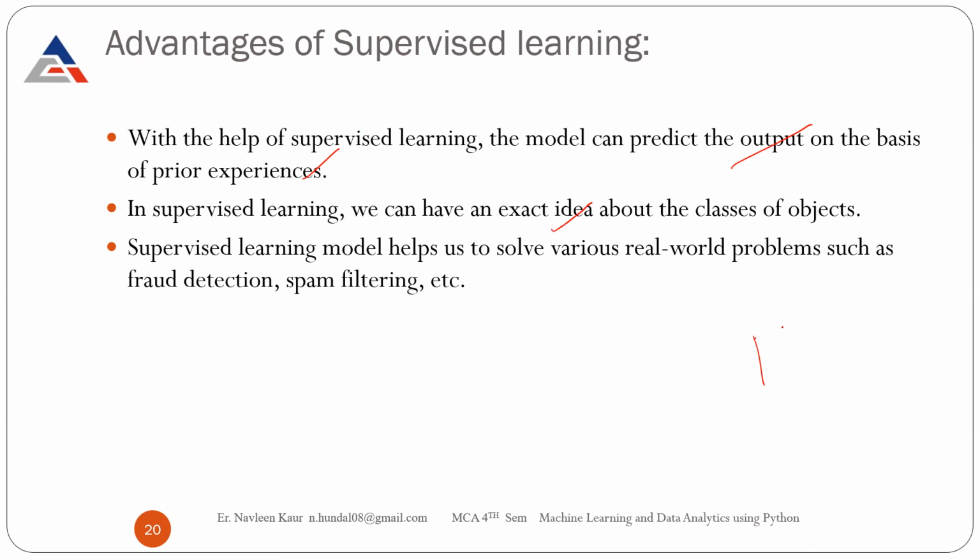I'm 100% sure that if I have labeled in the training phase that this is a square, then next time if I get data like this, I will give it the label square. The supervised learning model helps us solve real world problems like this and this. So the accuracy of the output gets very, very close to the actual output.